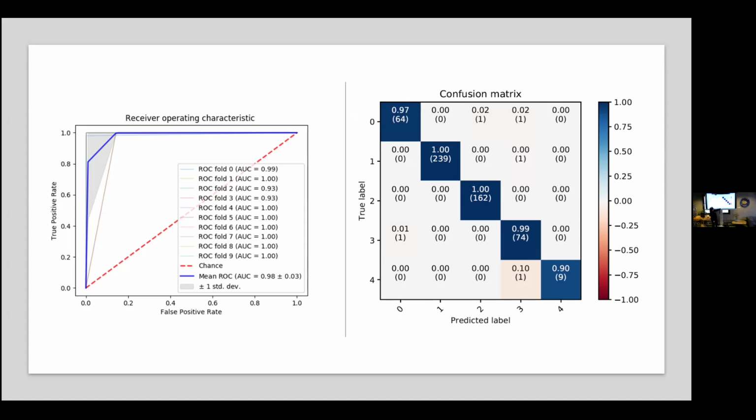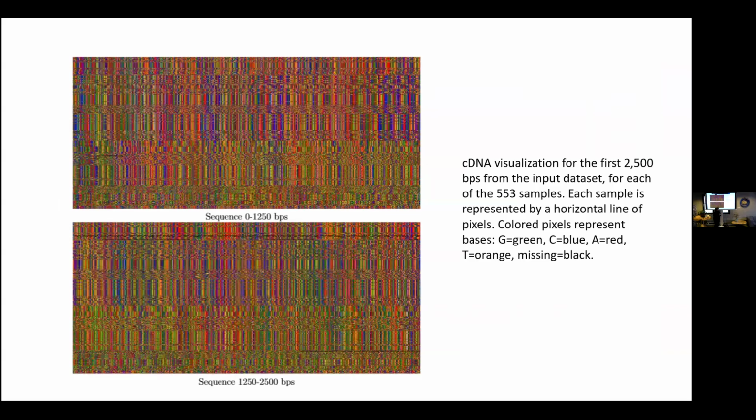So again, the metrics are really good. We are able to detect 64 out of 66. Our AUC is 98. The model is simple. But what does this mean? If we make a graph of the 4 bases, these are the sequences all arranged, each row is a sample. We put these colors.